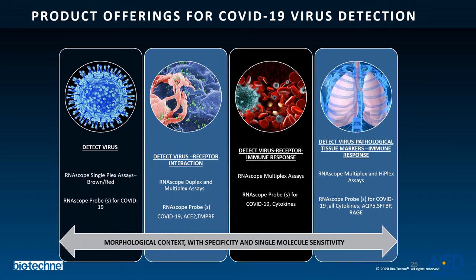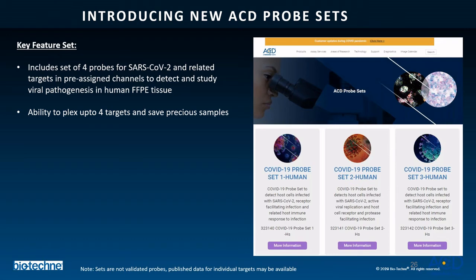pathogenesis. I also wanted to introduce to you ACD's new probe sets. On this slide, you're seeing probe sets for COVID-19. These were targets that were chosen based on early literature that enables customers to buy these sets and start their research.